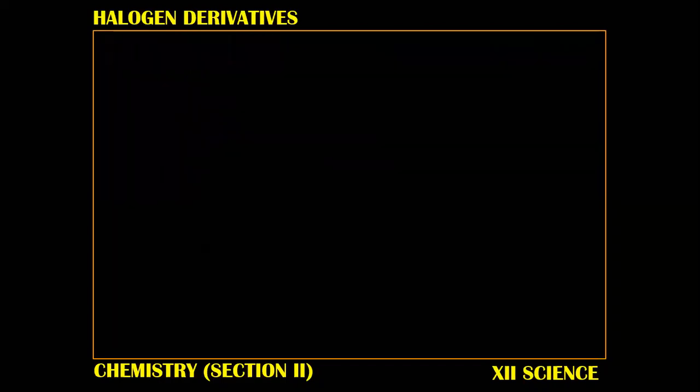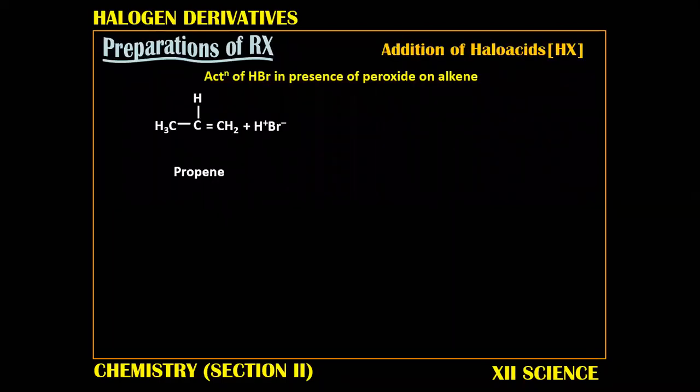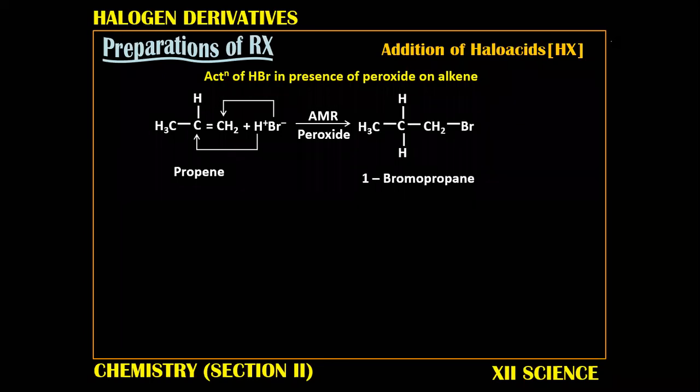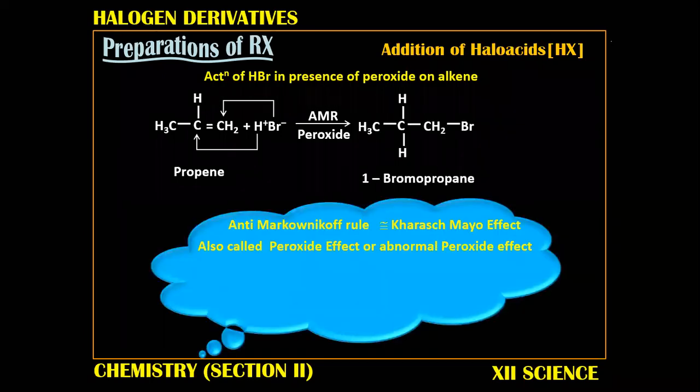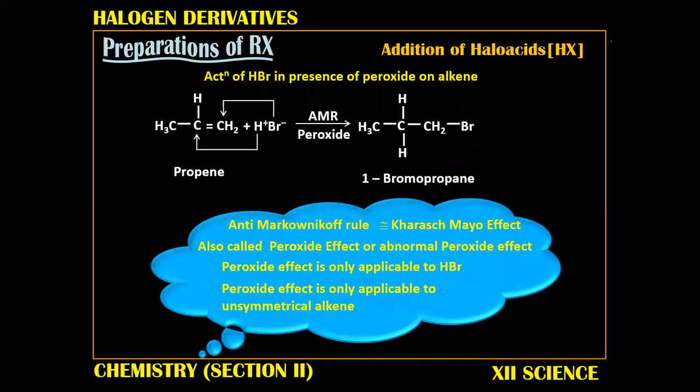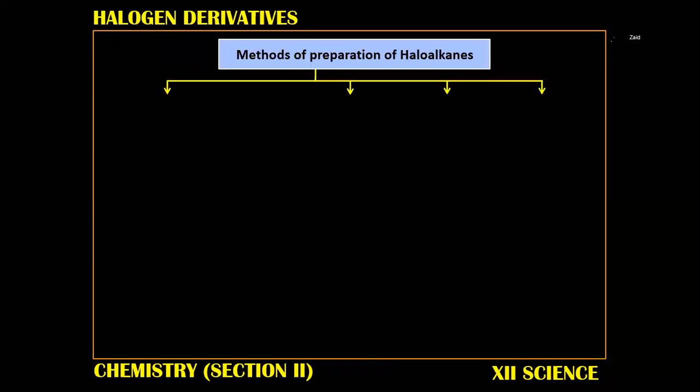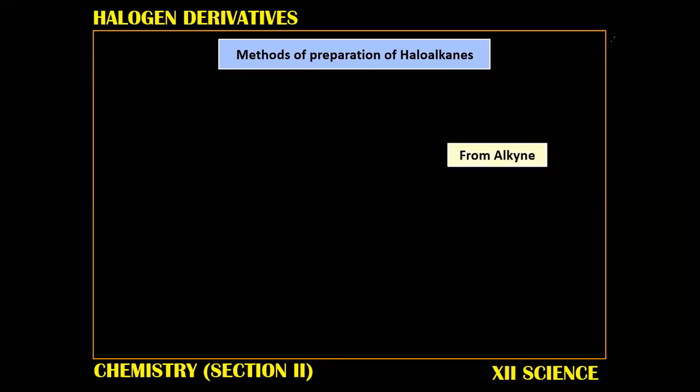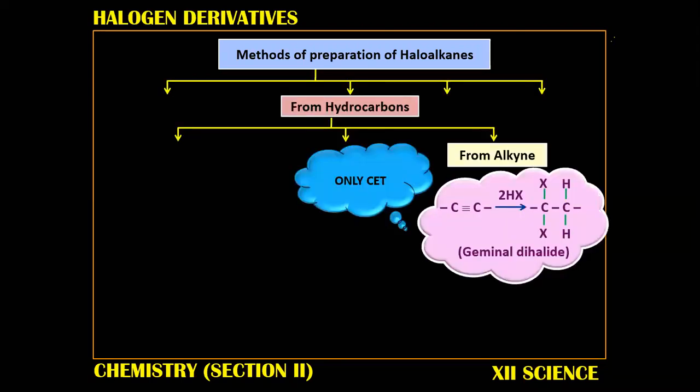But if the same reaction is carried out in presence of peroxide, and only HBr shows this reaction, the reaction goes according to anti-Markovnikov's rule. From alkynes, again this is for NEET JEE students only.